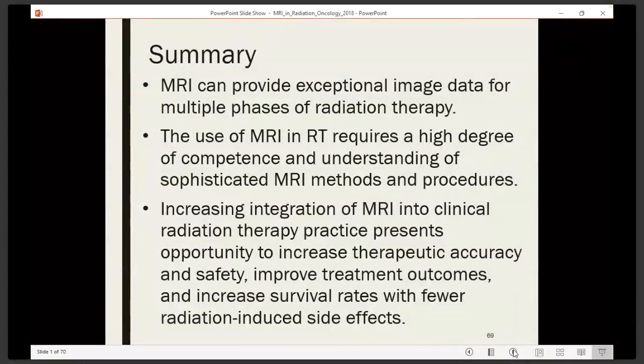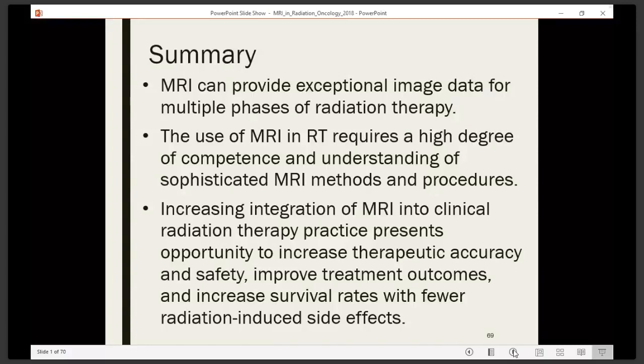So to summarize, we talked about how MRI can provide exceptional image data for multiple tasks that you undertake in radiation therapy. We just focused mainly on treatment planning today. The use of MRI in radiation therapy requires a high degree of confidence and understanding of the sophisticated MRI methods and procedures.